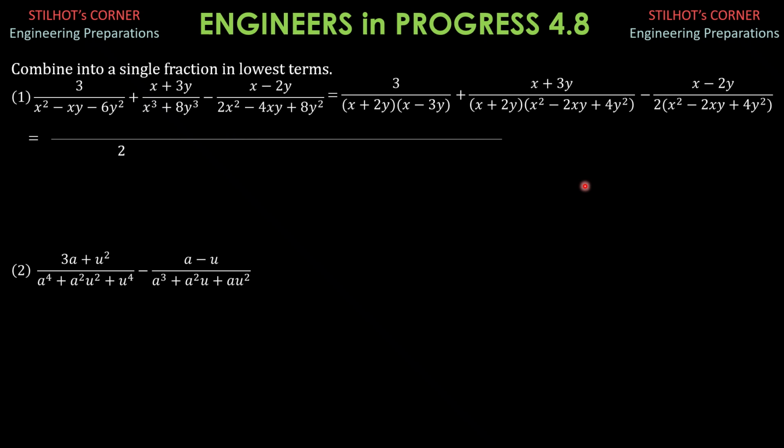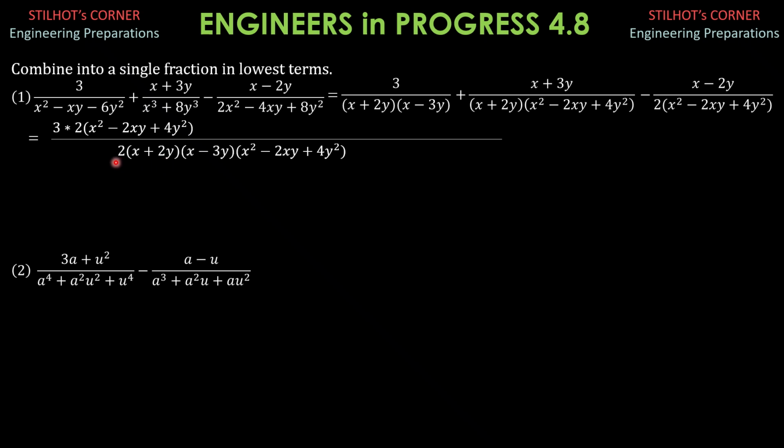So let's put the LCD first. 2 quantity x plus 2y, x minus 3y, and quantity x squared minus 2xy plus 4y squared. So that LCD divided by the denominator of the first fraction, which is this. So it is equal to 3 times 2 quantity x squared minus 2xy plus 4y squared. Then plus x plus 3y, LCD divided by this denominator here, which is this.